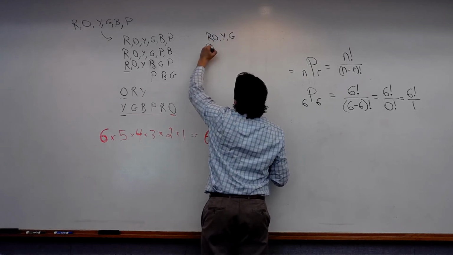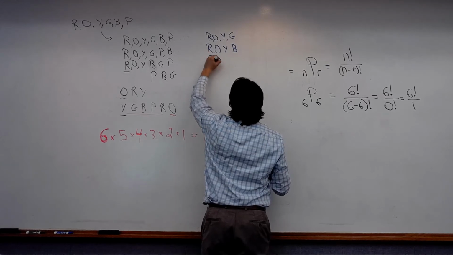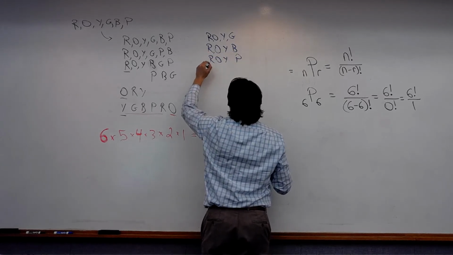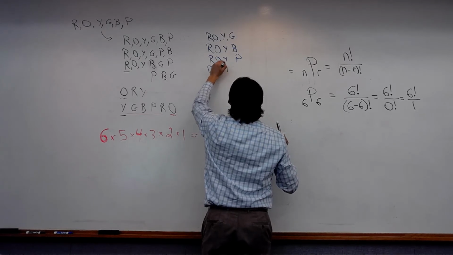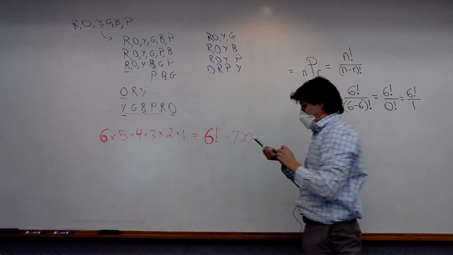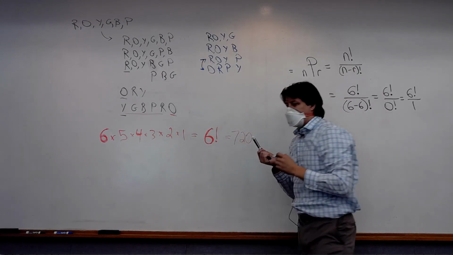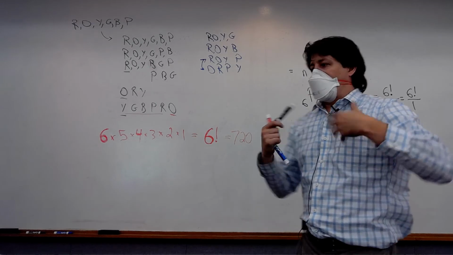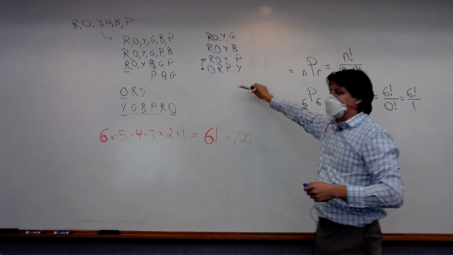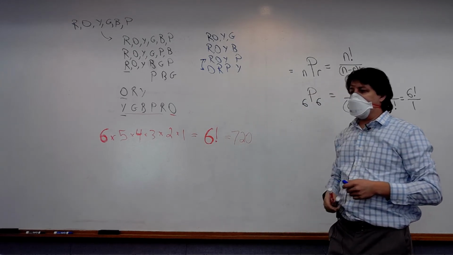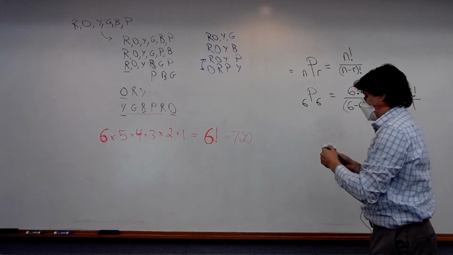I could do red, orange, yellow, blue; red, orange, yellow, purple; orange, red, purple, yellow. Okay, again, these are permutations, so these are different, even though they're the same 4 colors. Now, again, as we can probably see quickly, this is going to be a long list. It's probably not going to be as long, but we can figure out exactly how long it would be.